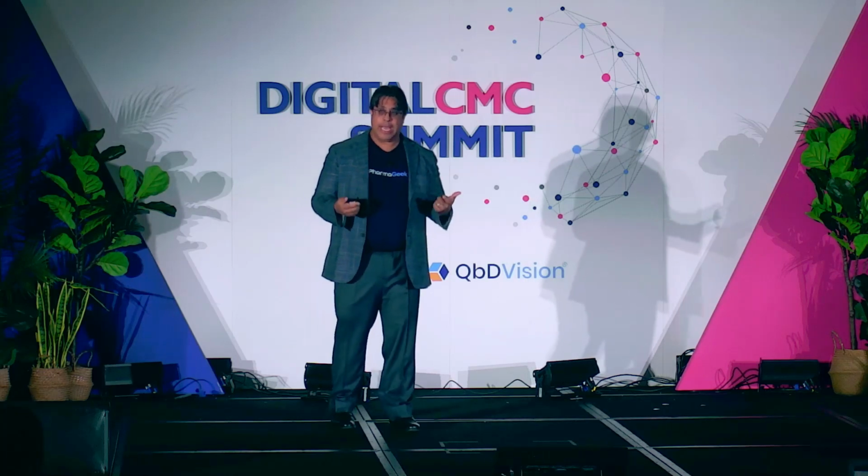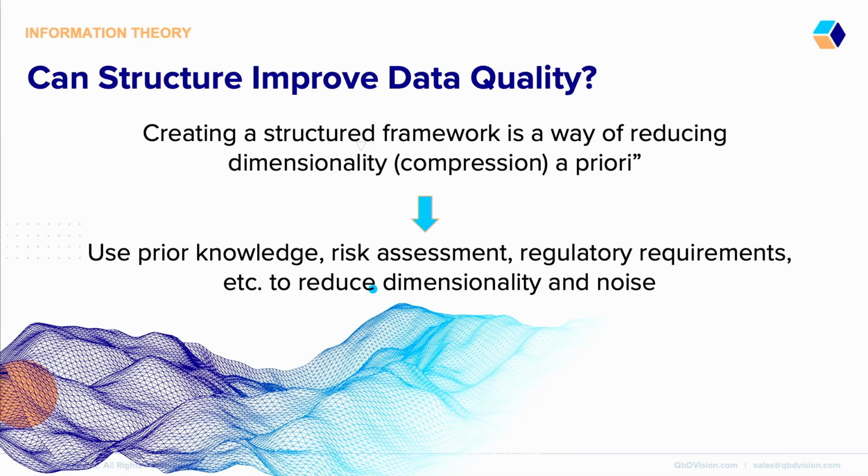So the question we ask is, can structure improve data quality? And our answer is yes, because if you think about it, creating a structured framework is a way of reducing dimensionality a priori, meaning before you start collecting the data. It's like a compression algorithm in a way, right? You are defining the dimensions that matter based on the end objectives of what you're doing ahead of time.